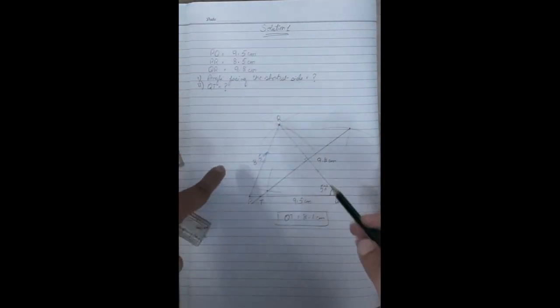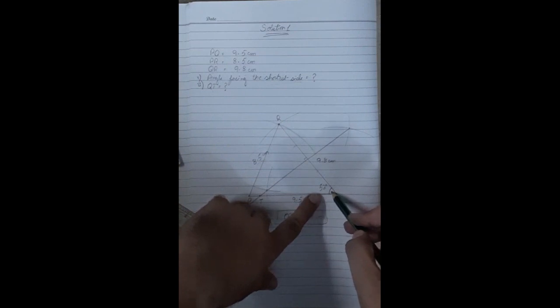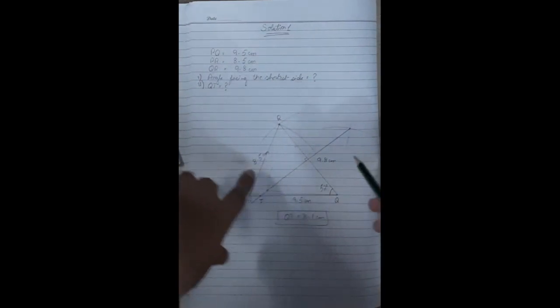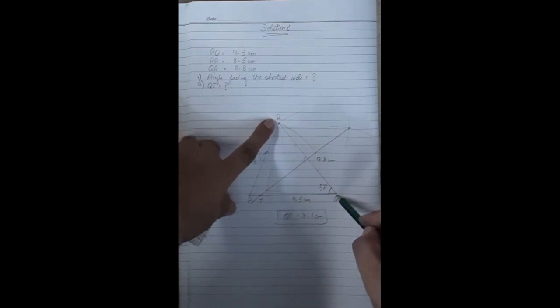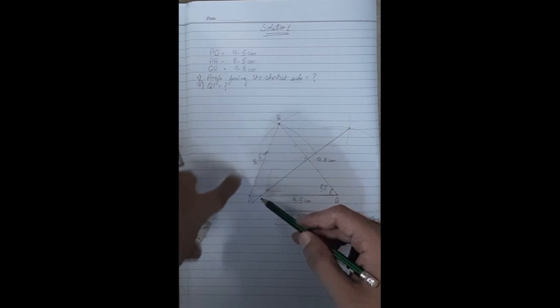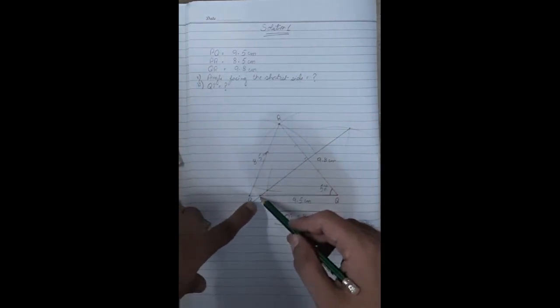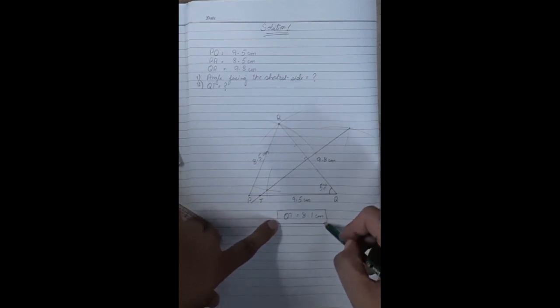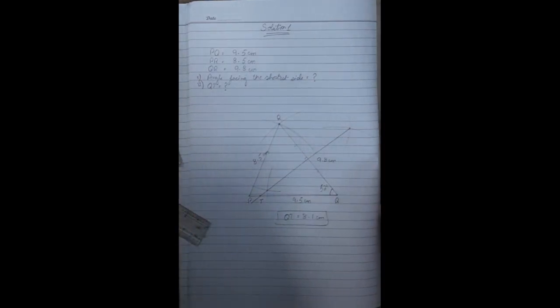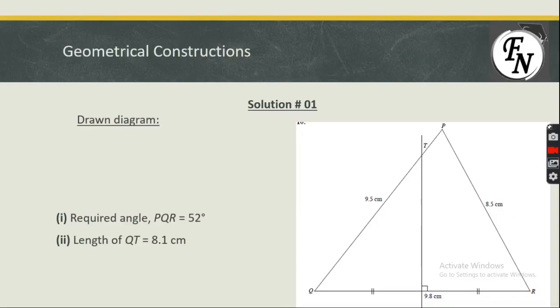Then we can measure the angle facing the shortest side. Then we will draw the perpendicular bisector of QR, and that line is extended to form T. Then Q and T is measured, which is the answer of part 2, that is 8.1 centimeters.